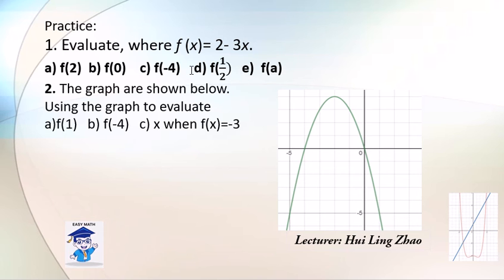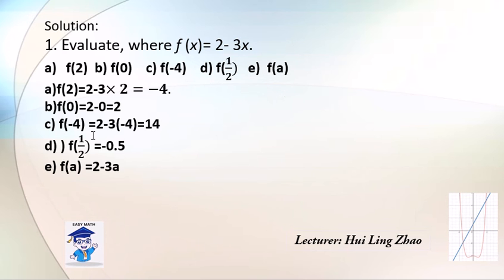You can find the function's values. When we put x equals 2, we calculate y is negative 4, when x is 0, y is 2, when x is negative 4, y is 14, when x is 0.5, y is negative 0.5, and when x is a, y equals 2 minus 3a.